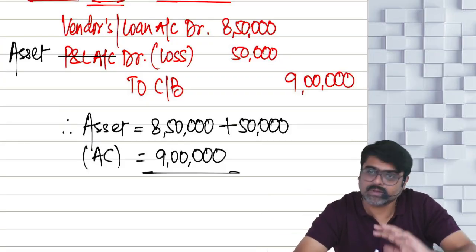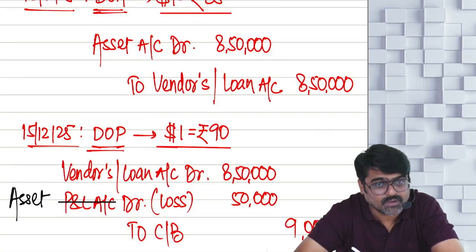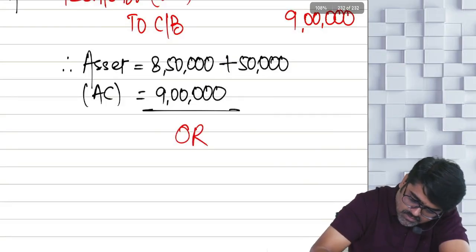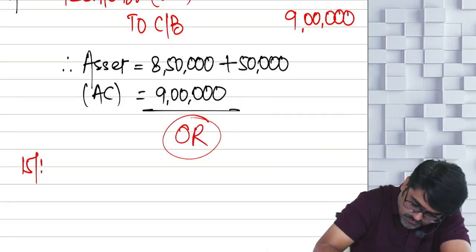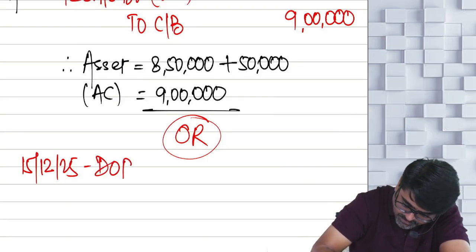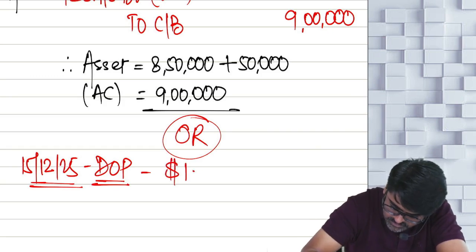Understanding? Now tell me, the second example was 80, no? Let's take that example. So on 15th December 2025, can I say this is the date of payment? Yes or no? What is the dollar to rupees rate? $1 is equal to rupees 80.